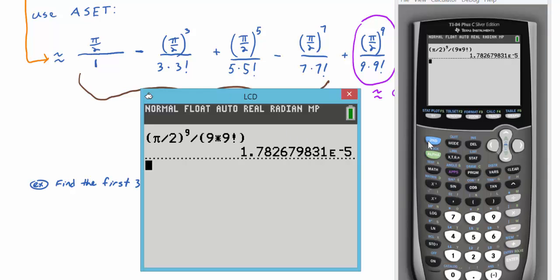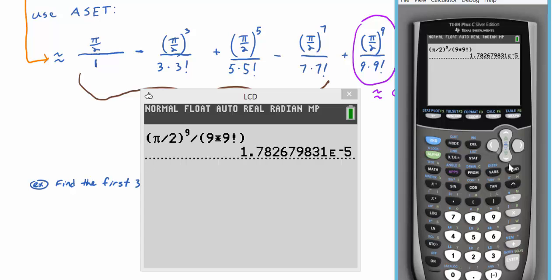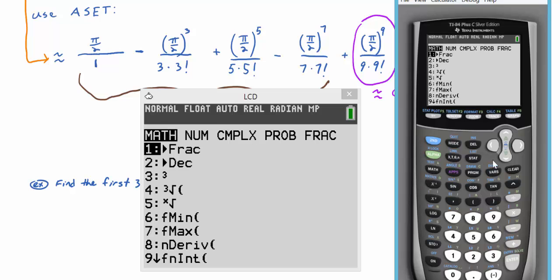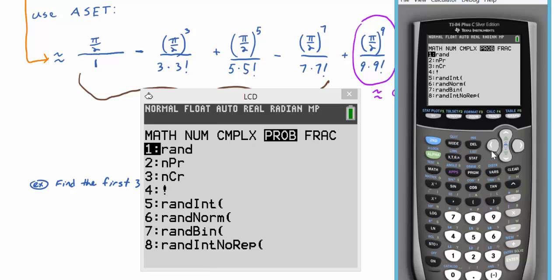And so it would just be pi over 2. Let me clear that out. Pi divided by 2 minus pi divided by 2 quantity squared. No, cubed. Not used to using a virtual calculator even yet. Divided by 3 times, you have to hit the buttons really hard on this.